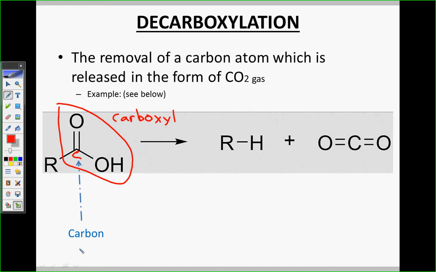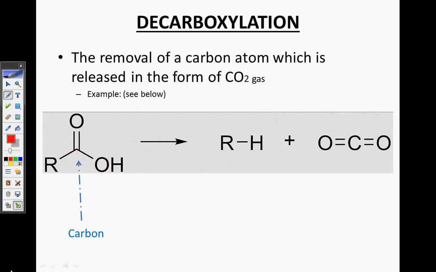All right, so we have our carboxyl there, and then we're going to have the RH left, as well as the carbon dioxide. So these are left, and this is removed. That's decarboxylation. We're going to be asking you that again today when you see it in one of the processes. If I ask you, oh, carbon dioxide is produced, what process is that? Decarboxylation. All right, that should be a pretty easy one.